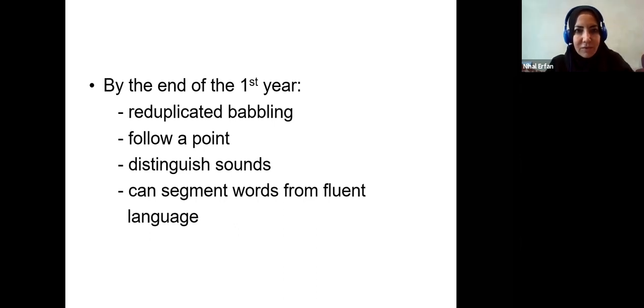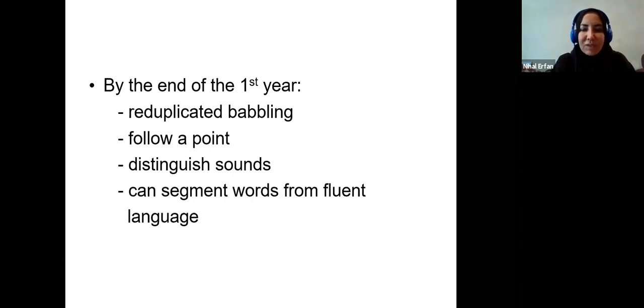So by the end of the first year, they have this reduplicated babbling. They're able to follow a point. Remember when we talked about joint reference, which is really essential because this is the beginning of social connection, cognitive connection. They can distinguish sounds from others, and they can segment words from fluent language.